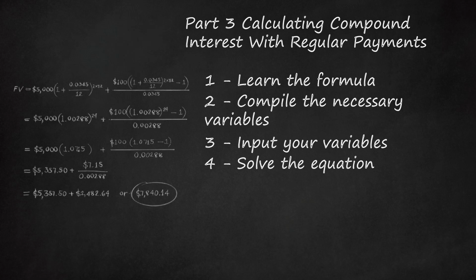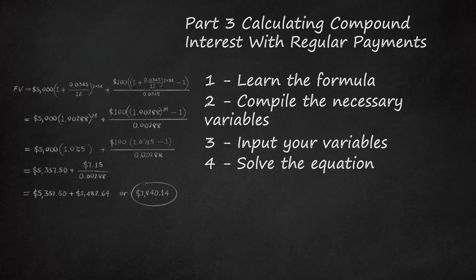Solve the exponents. This means raising the amount within parentheses to the result of the last step. On a calculator, this is done by entering the value in parentheses, 1.00288 in the example, pressing the x to the y key, and then entering the exponent value, which is 24 here.